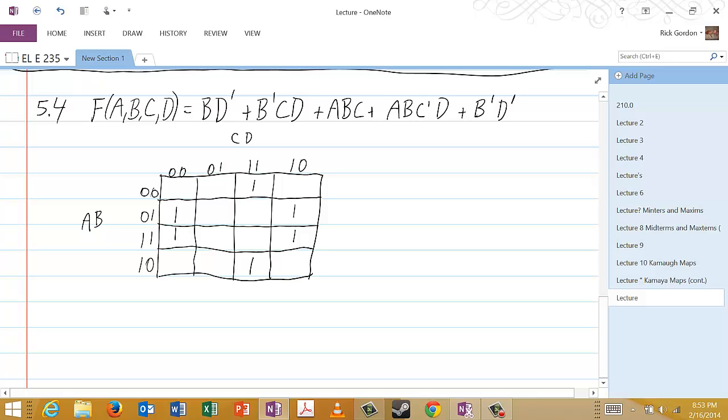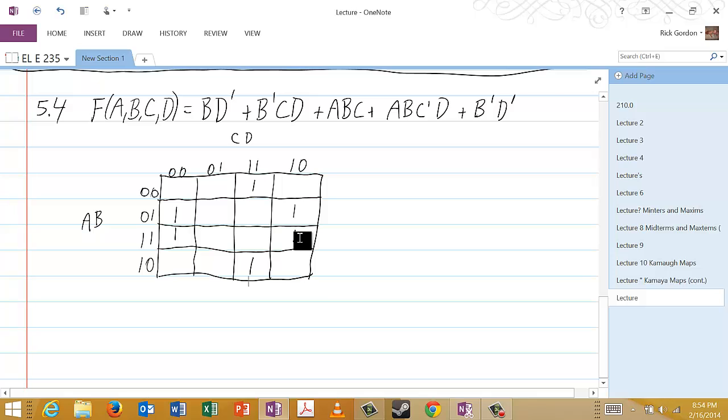If you haven't been doing so already, I encourage you to stop this video and try to find the rest of these terms on the Karnaugh map yourselves, and then turn the video back on and see if you were correct. So for this term ABC, we want to know all those cells where A is equal to 1 and B is equal to 1 and C is equal to 1. Well, since A and B are both 1, that tells us immediately that we're interested in this third row of the Karnaugh map.